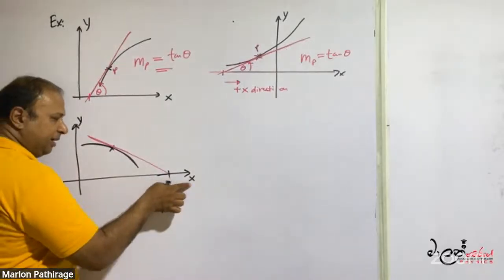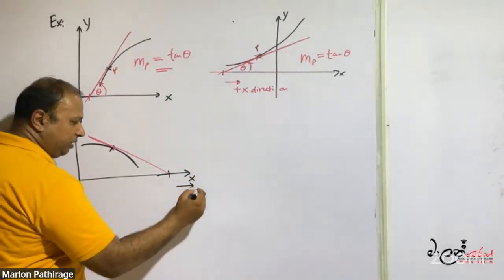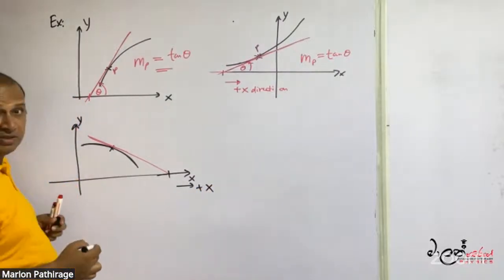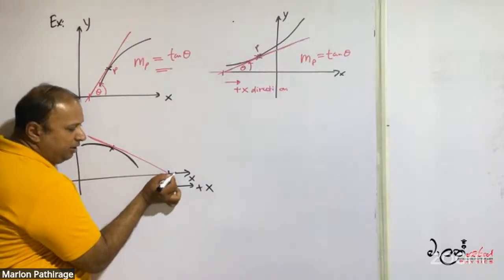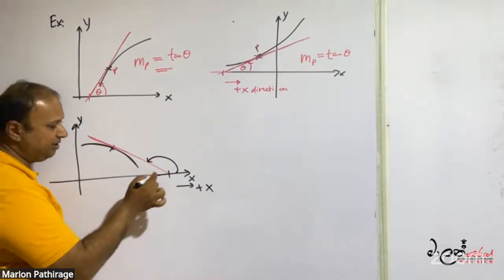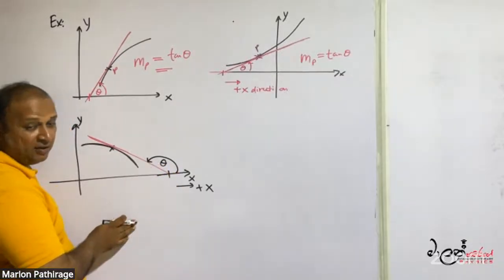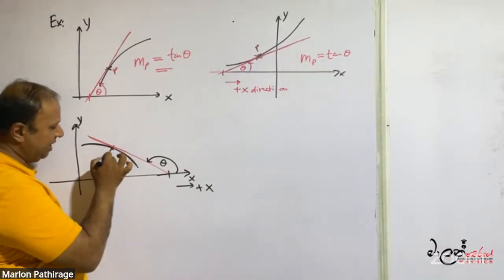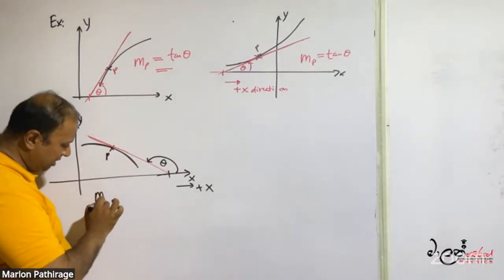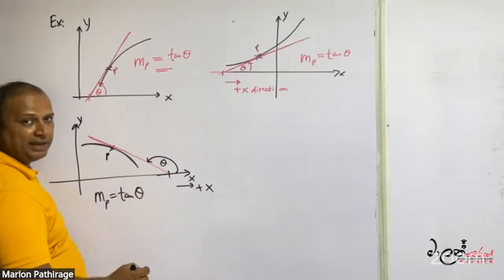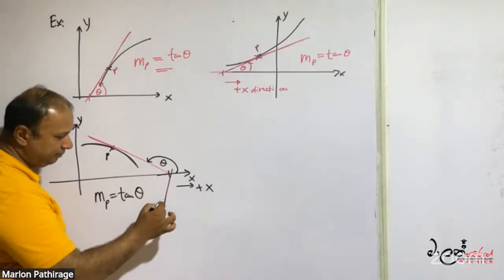Here, this is the positive x direction and this is the negative x direction. Therefore, the angle between the positive x direction and the tangent is theta. Now it is an obtuse angle. Therefore, the gradient at P is equal to tan theta, where theta is an obtuse angle.